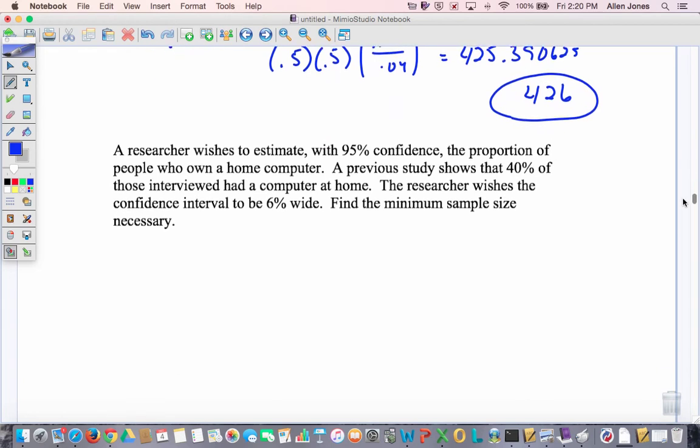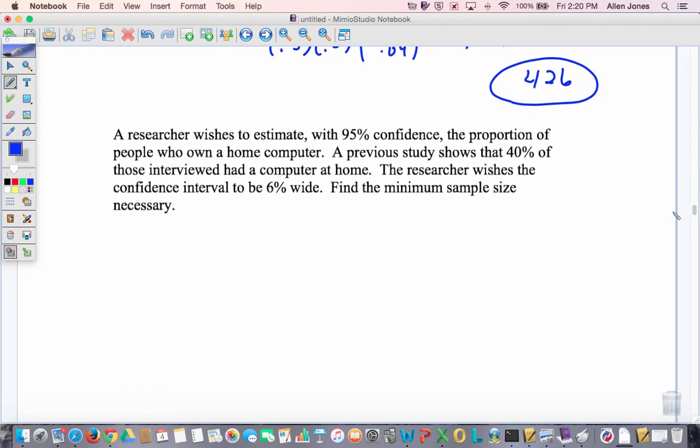426. Going to go through that process one more time with our minimum sample size. Researcher wishes to estimate with 95% confidence the proportion of people who own a home computer. Here's our proportion. Previous study shows that 40%, there's our P hat this time, of those interviewed had a home computer. The researcher wished the interval be 6% wide, so this is a little bit different.